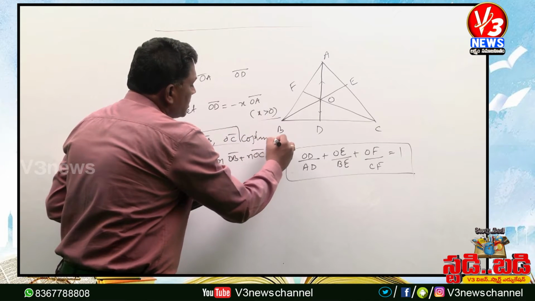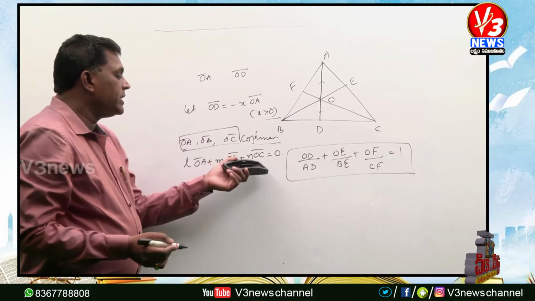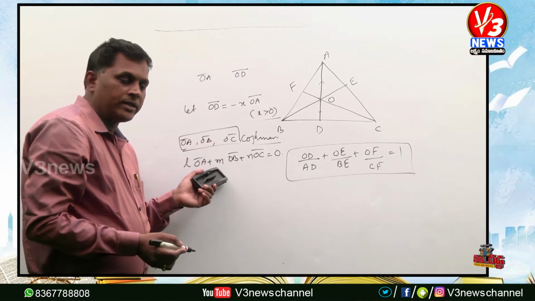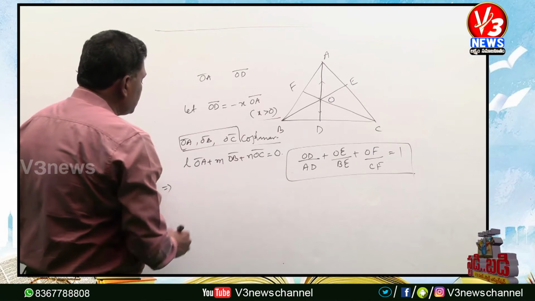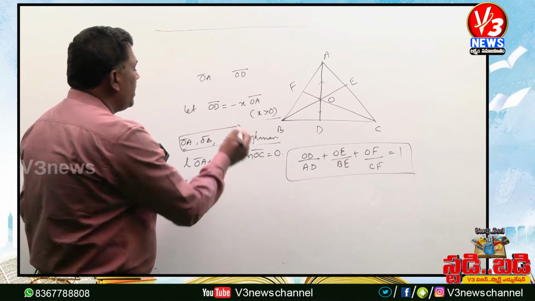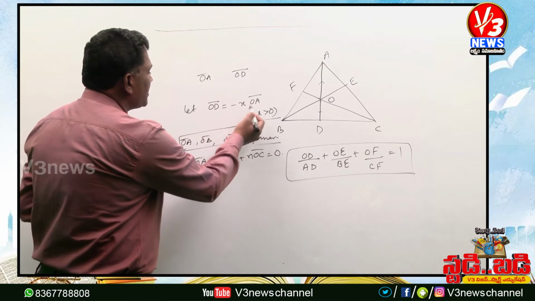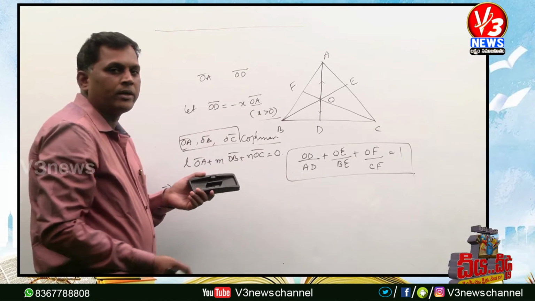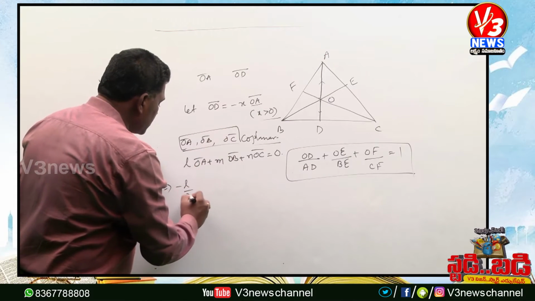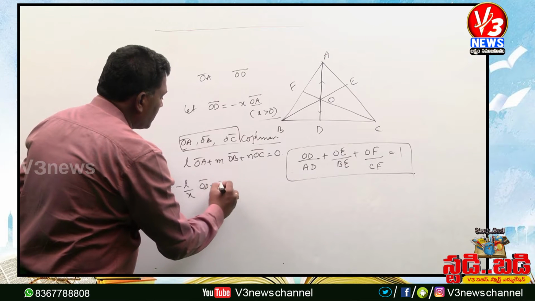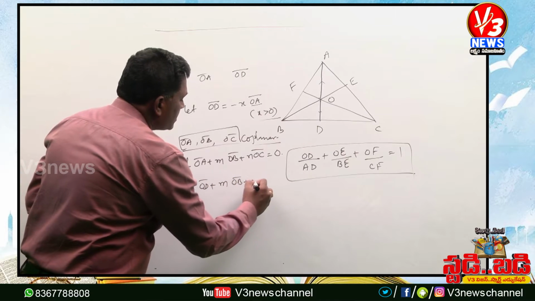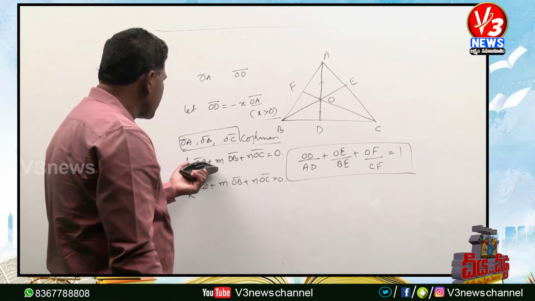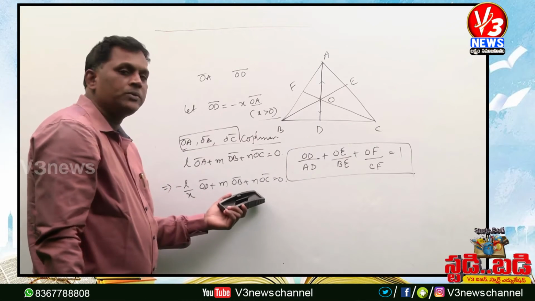Because these 3 vectors are coplanar, there exist some scalars satisfying this linear dependence condition. Now, OA bar is minus 1 by x into OD bar. Replace it: minus L by x OD bar plus M OB bar plus N OC bar equals 0. With a simple change, the equation has been converted this way.